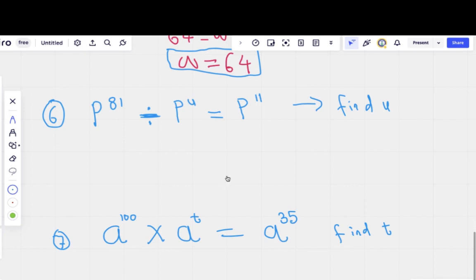I'm solving number 7 now. Okay. I finished 6. I got 70. Okay. U equal to 70.